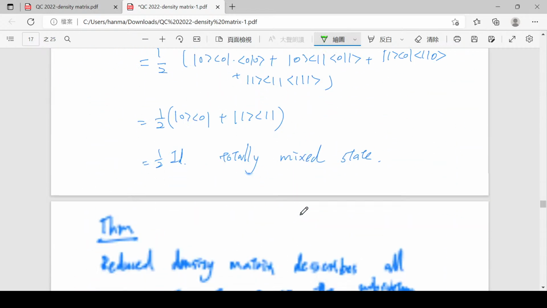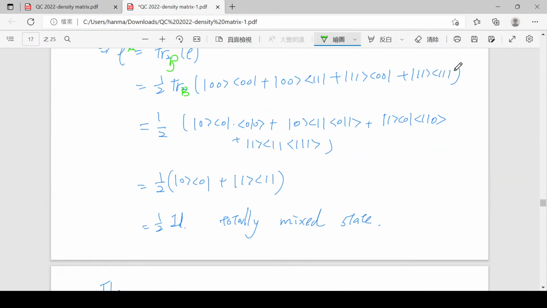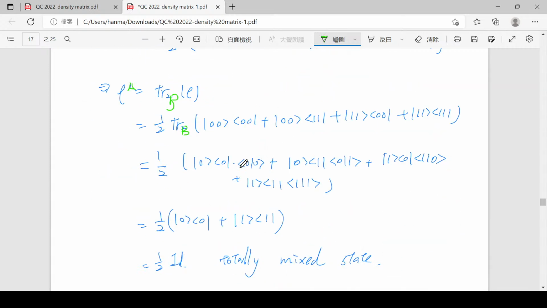Those states are all in computational basis, and then you see that the only things that survive are this 0, 0 and this 1, 1 thing, because the inner product of the second part, the 0 and 1 inner product, the 1, 0 inner product, get cancelled out.